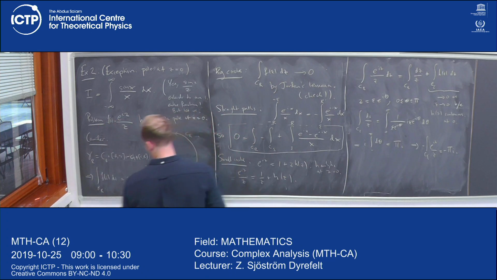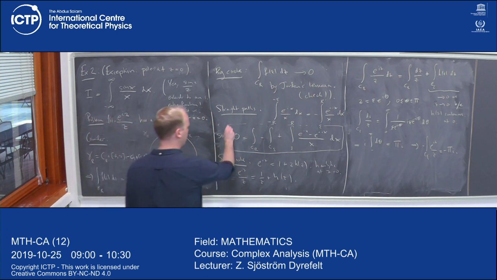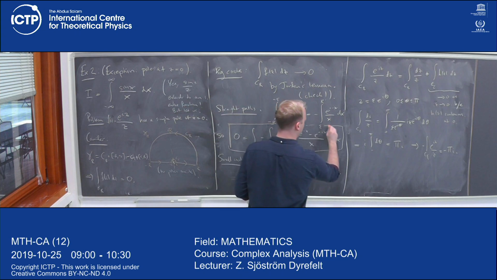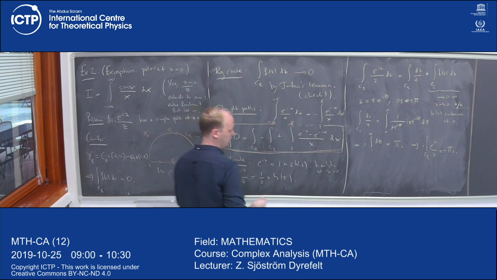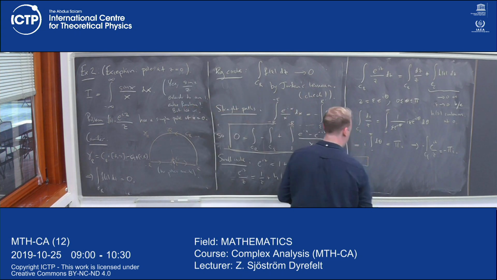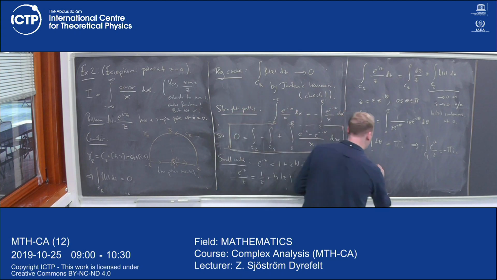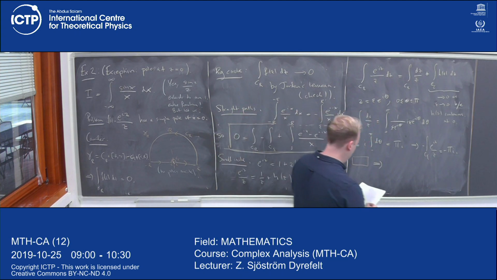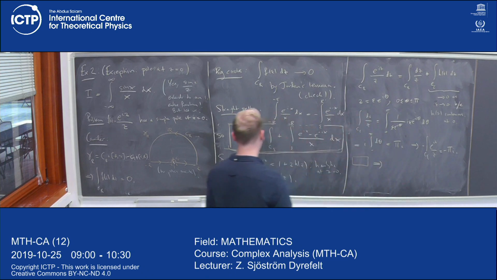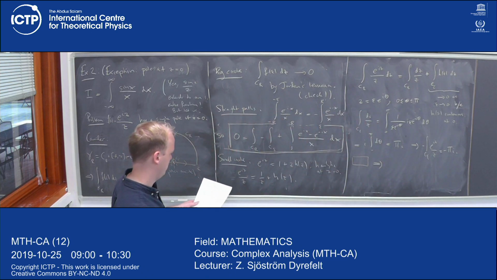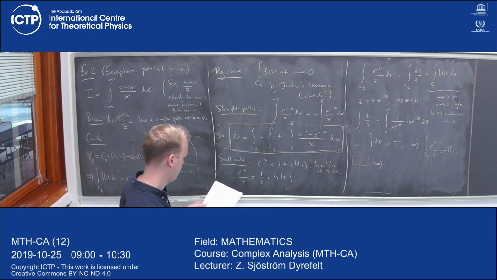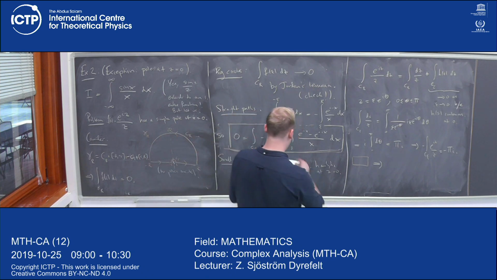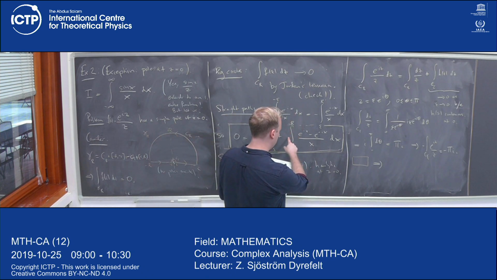Okay, so now from this business, we do it in orange. So this implies that, so what do we get now? Right, so this is 2i times sine over x. Okay, so let me write this.